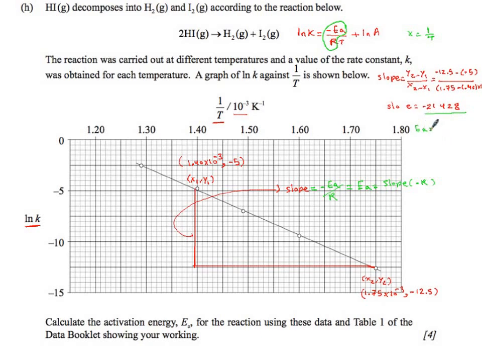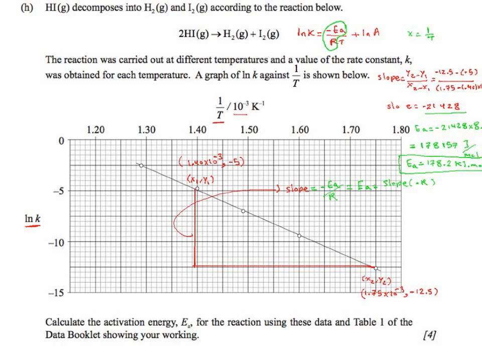Ea is equal to minus 21,428 times R, which is the gas constant, 8.314. So when we do this, I get 178,157 joules per mole. Usually we report it in kilojoules, so divide by 1,000, so it's 178.2 kilojoules per mole. So that's your activation energy.